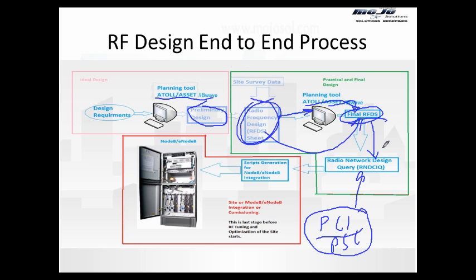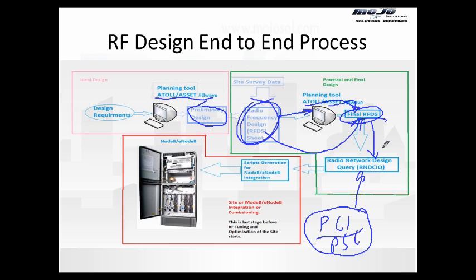All that information is captured in the RND-CIQ by the RF engineer and sent to them, and they understand that document. That document is essentially an Excel sheet in a standard format, nothing else. It's an Excel sheet in a very specific format, which the scripting engineer and node B engineer can understand, and script or program the node B according to it, or generate the scripts according to it.